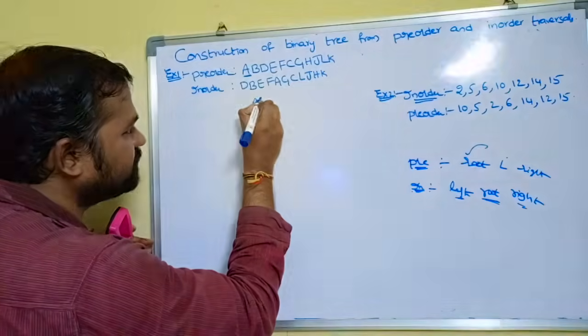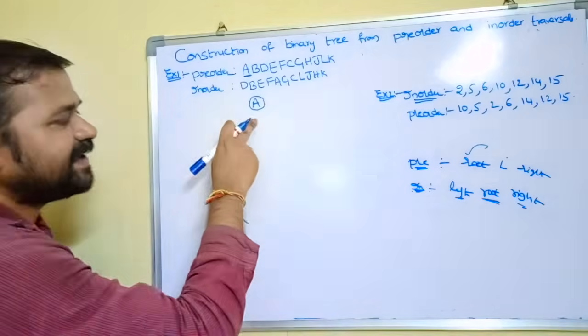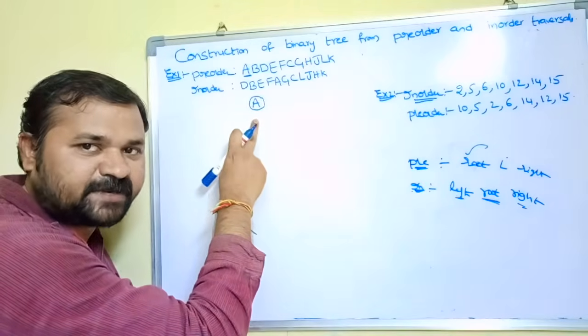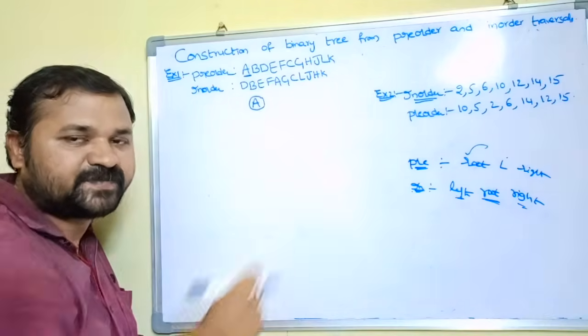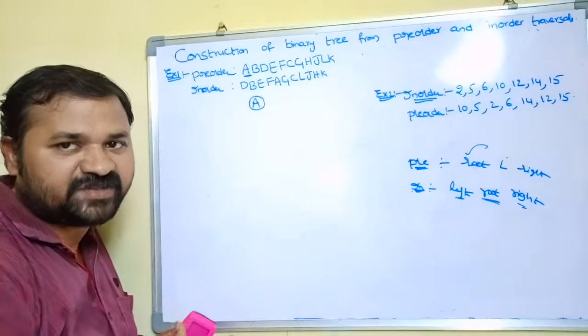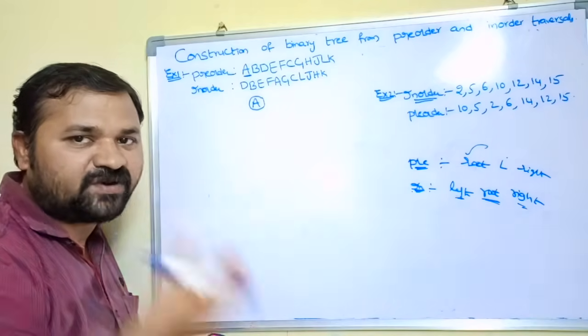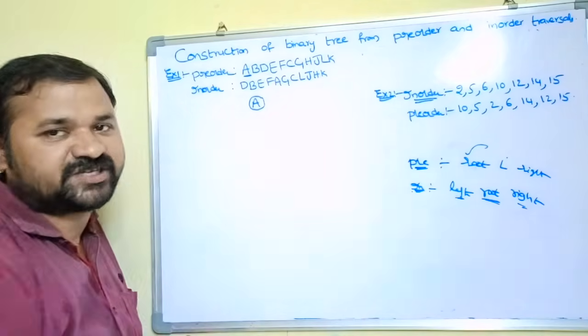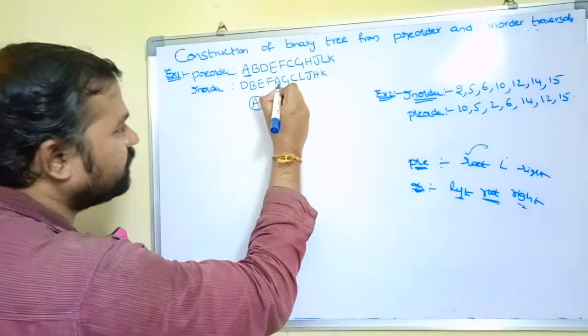So A becomes the root node. Next we have to determine the left subtree and right subtree of A. In order to do that, we have to search for A in the inorder traversal. A is available here.